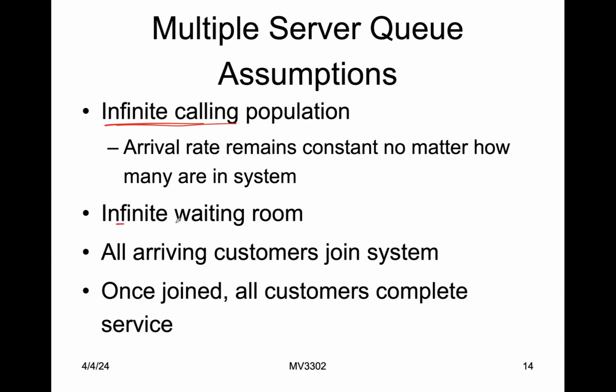Another assumption we were making, and this is what we're going to look at, is that there was an infinite amount of waiting room. So what if there isn't? What happens if somebody shows up and there's no room at the end? We assume that all arriving customers join the system, and once they join, they finish service.